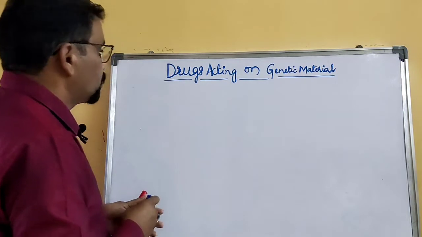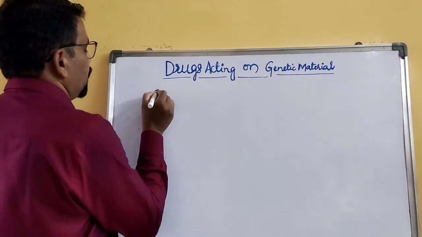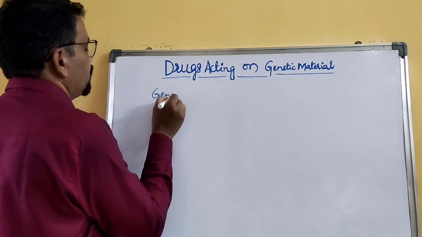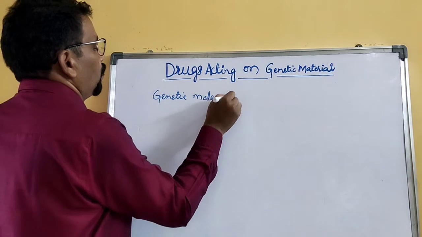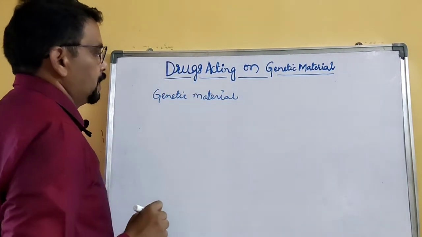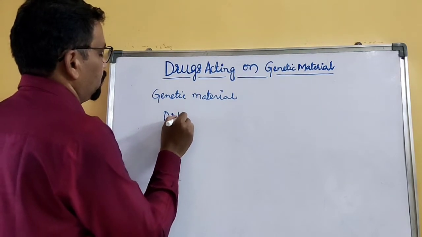So, drugs acting on genetic material. Let me introduce you to genetic material. What is genetic material? Genetic material is nothing but DNA and RNA.